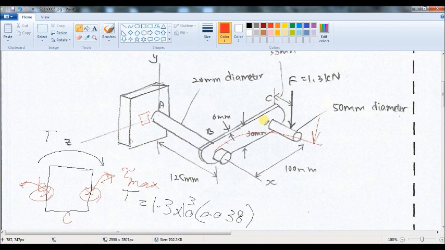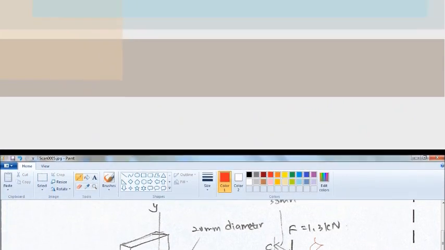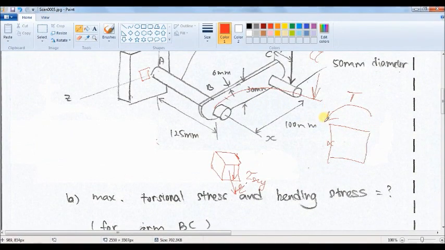Okay, so due to this torsion, let's say we look from this point of view, the torsion is in the counterclockwise direction.